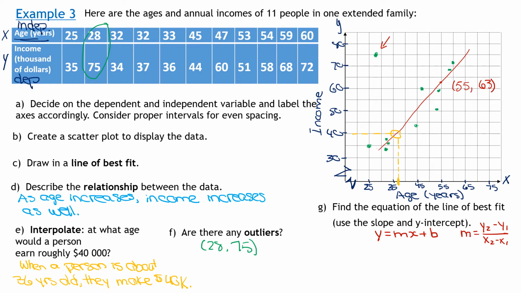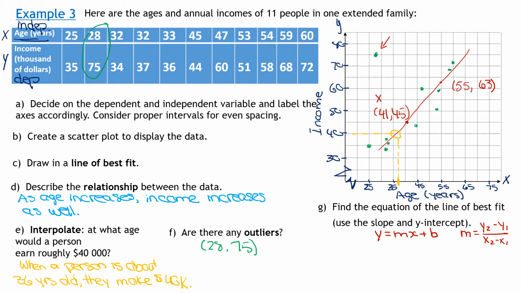Now I need another point. I'm going to pick this one right here. That one looks like it's about maybe 41 and 45. So now I'm going to sub into the formula, and I'm going to take 5 seconds to label those red coordinates with x1, y1, and x2, y2.